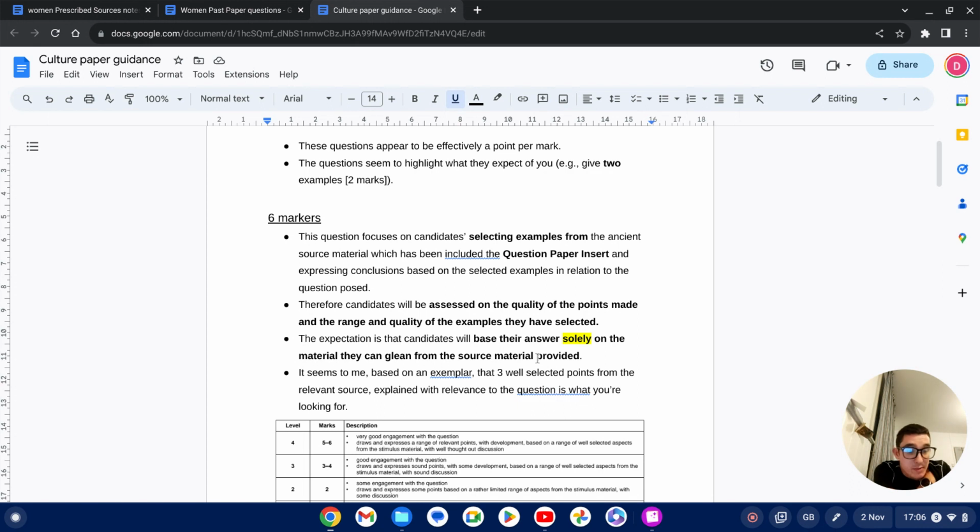So we'll look at specific examples later, but the point is, as I said, it'll be like, look at source C and say how source C can help us answer this question. Based on the exemplar and other things, you basically need 3 points, maybe minimum, but that should be what you're looking for. 3 points to answer your question, and you're going to have to explain your point with relevance to the question.